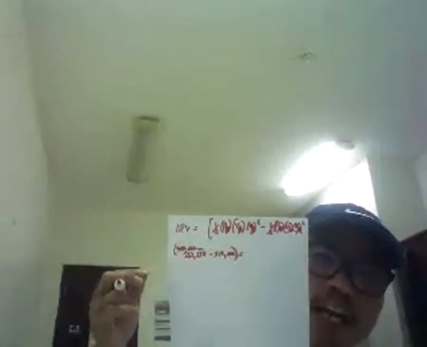So one half times density B, volume B, UB squared, minus one half density A, volume A, and UA raised to the power 2. Take note, guys, we already have the velocity, so we have no problem with UB or UA. What we need is the density.